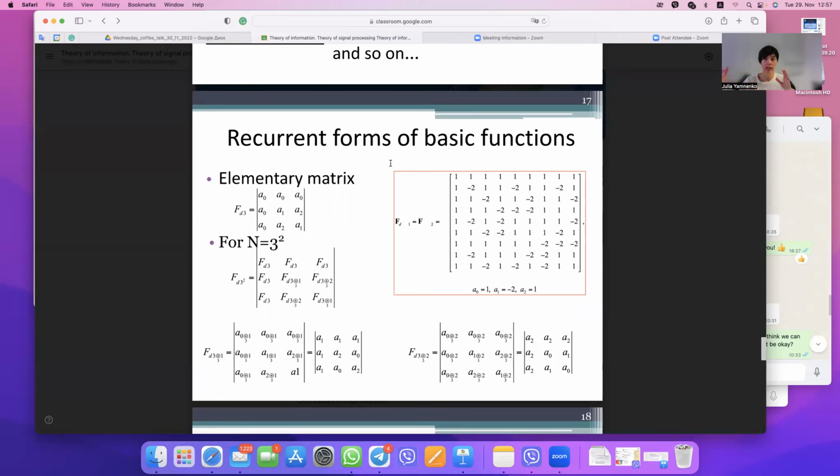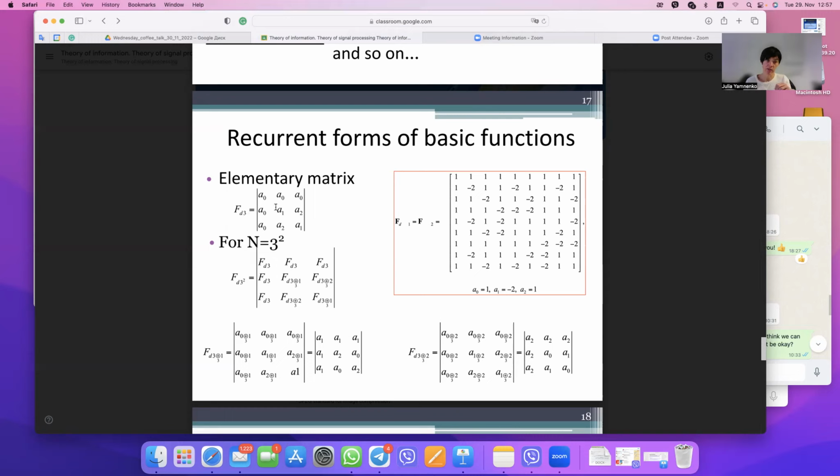So we can enlarge more and more the dimension of the matrix, and this mechanism is also working here. We have an elementary matrix like 3 by 3. I remind you that we selected m equal to 3, and we decided to work with the ternary counting system, so our elementary matrix will have a dimension 3 by 3.